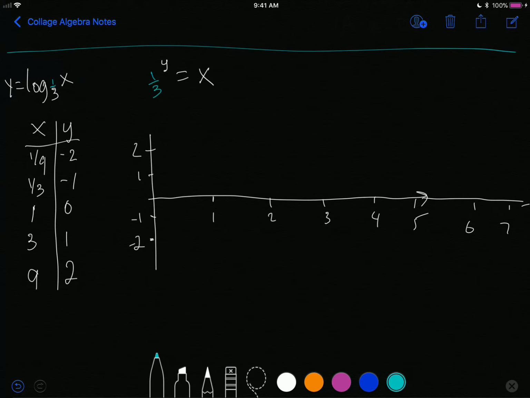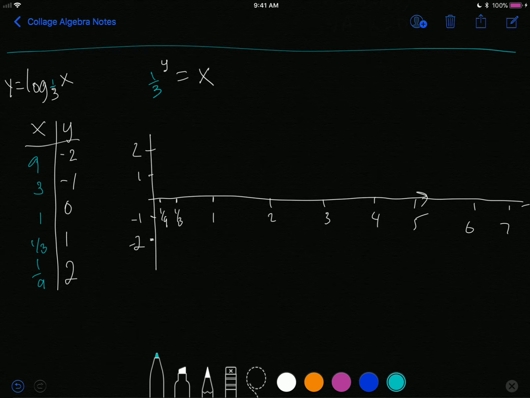So this is going to be a 1/3 right here. And then all of these will switch places. 1/3 squared will be 1/9. Then 1/3, then 1, then 3, because 1/3 flipped is 3, 9, and then I plot me some points. So this right here will be a 1/3, and this right here will be a 1/9.